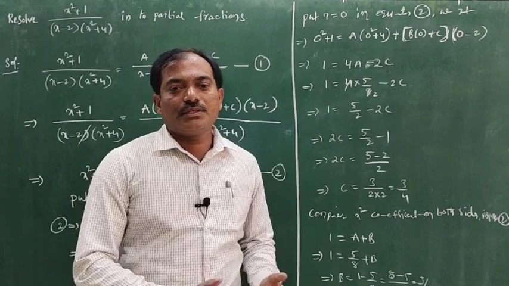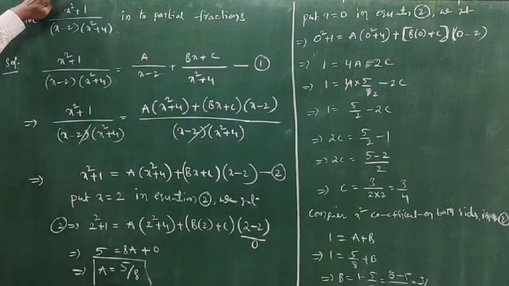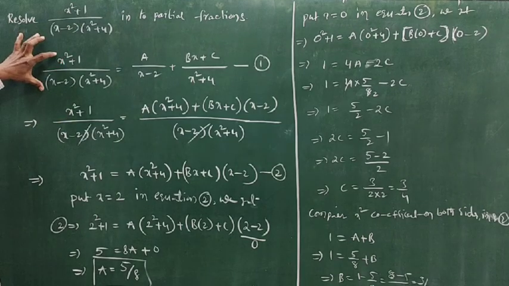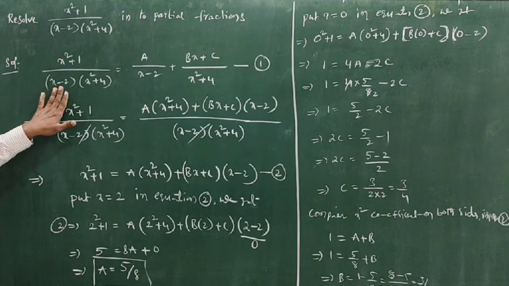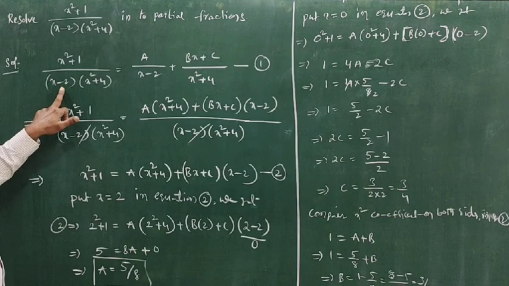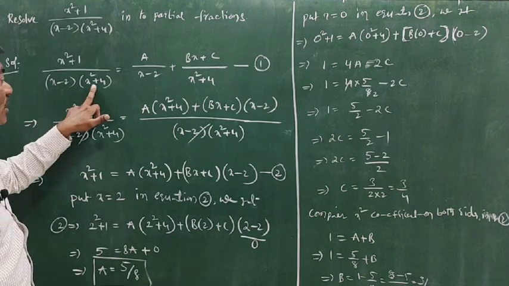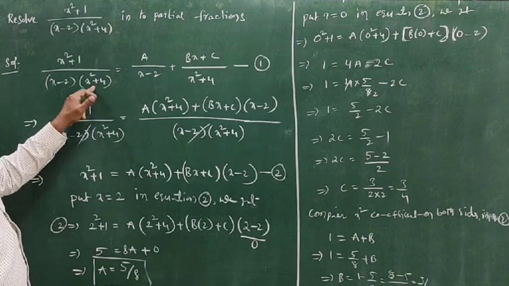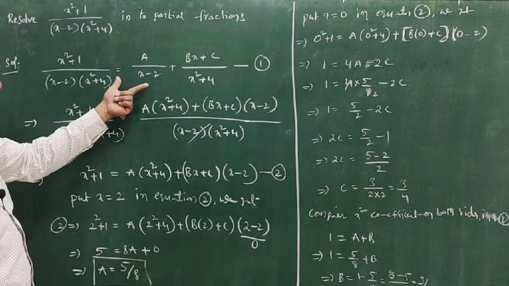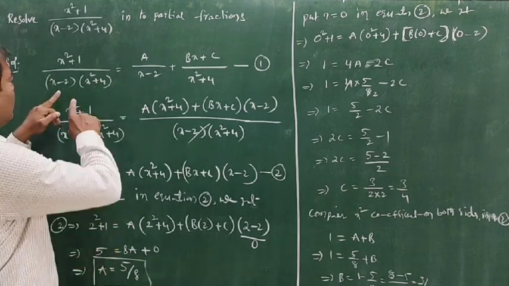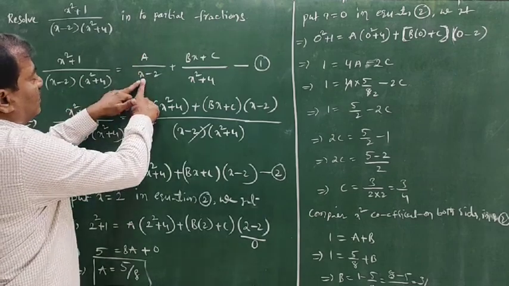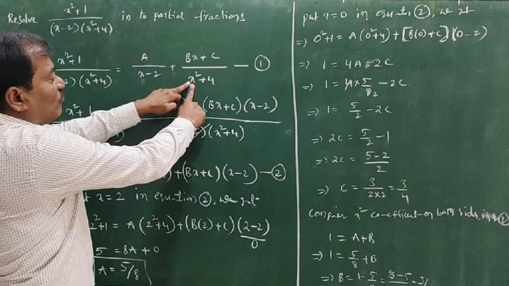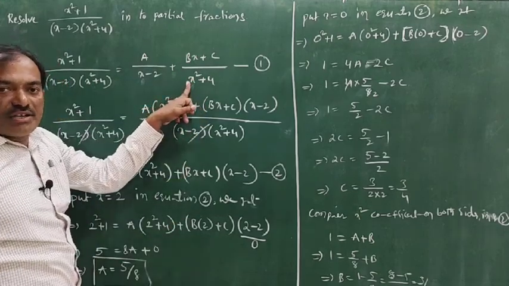Dear students, this is one more example. (x² + 1) by (x − 2)(x² + 4). In the given rational fraction, g(x) contains one non-repeated linear factor and one non-repeated irreducible quadratic factor. Here we have to write partial fractions: A by the linear factor plus (bx + c) by the irreducible quadratic factor.